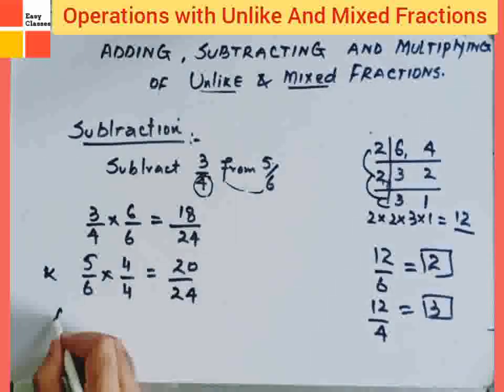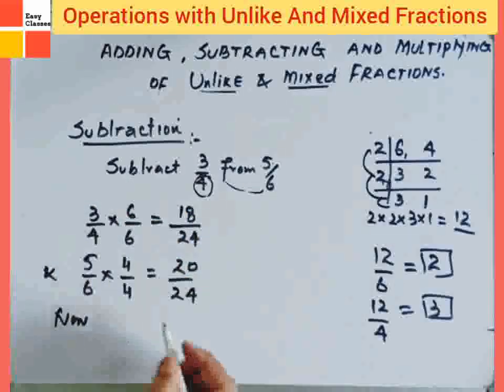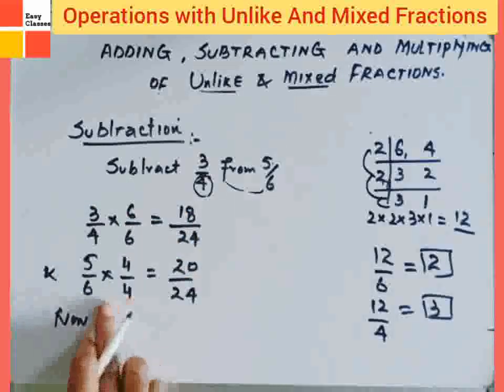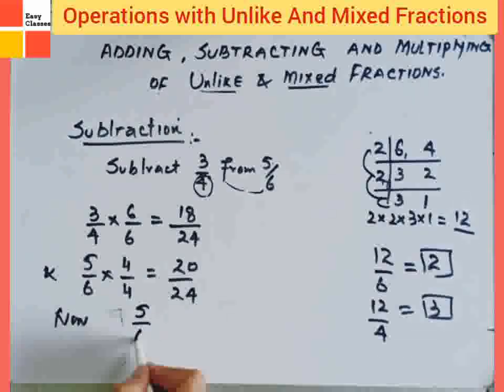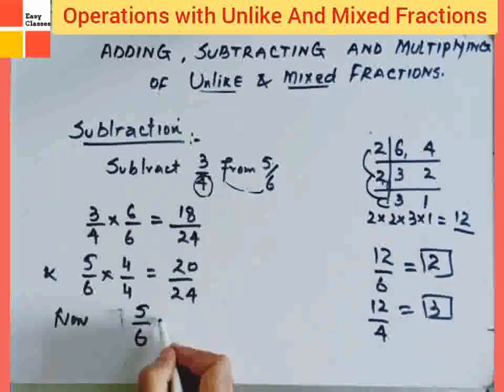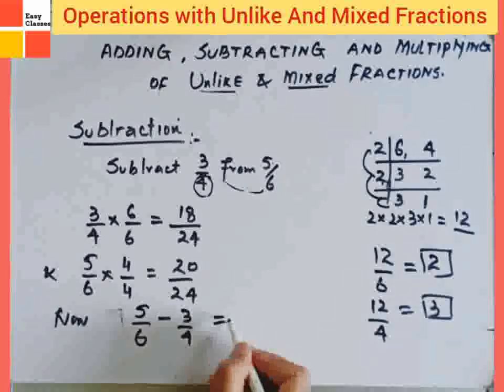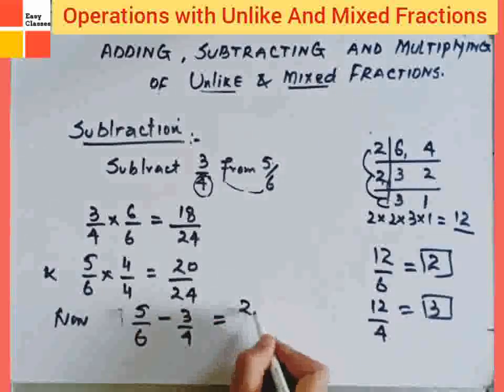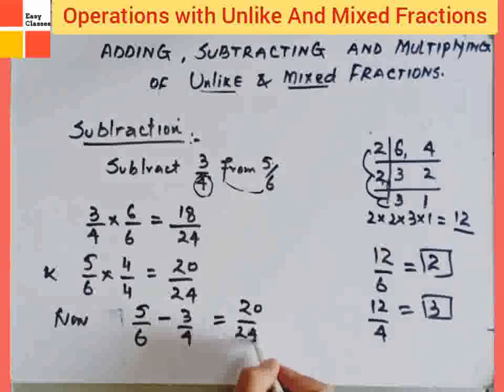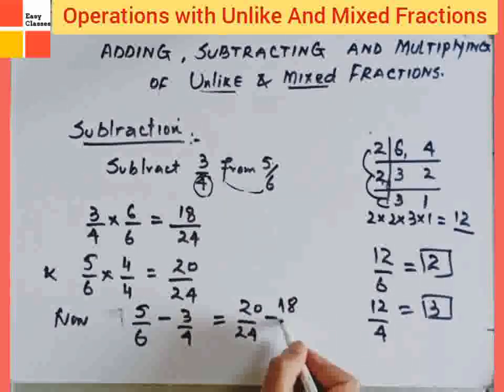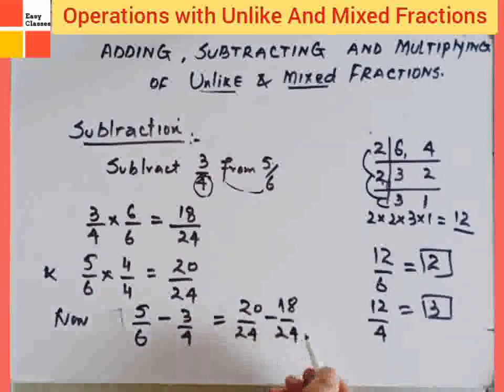Now subtract, because we have to subtract this from this. That's why 5/6 minus 3/4 is equal to 20 divided by 24 minus 18 divided by 24.